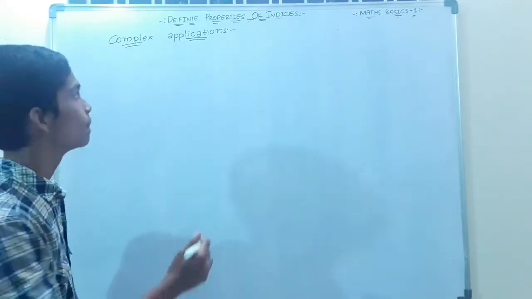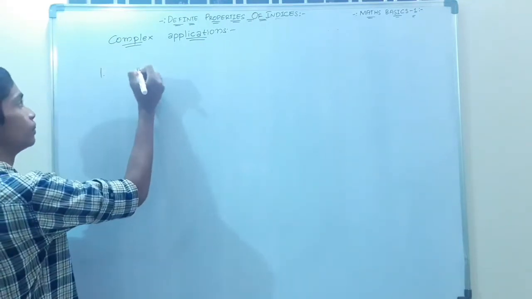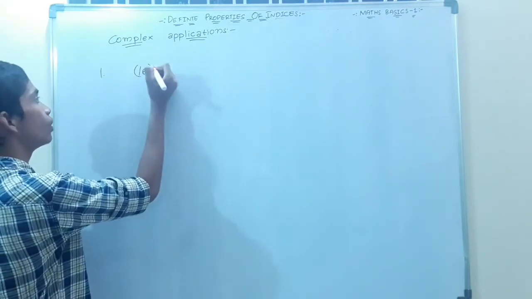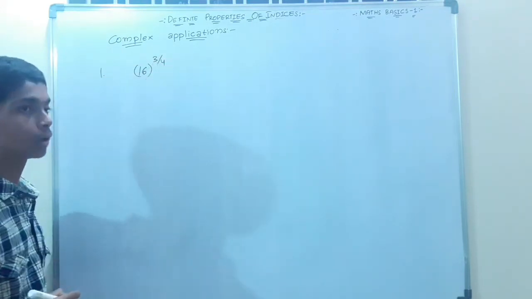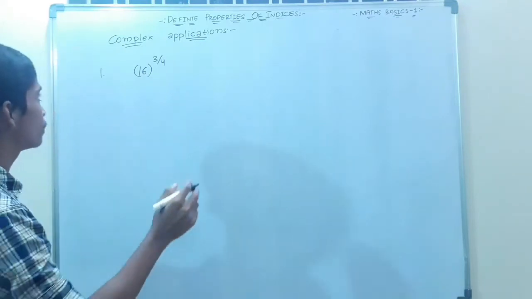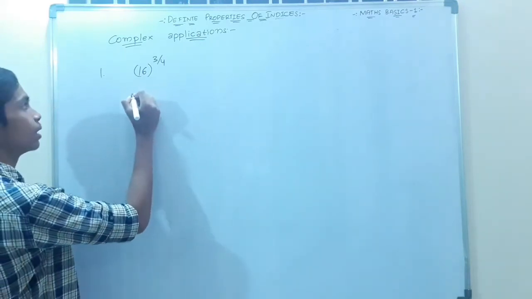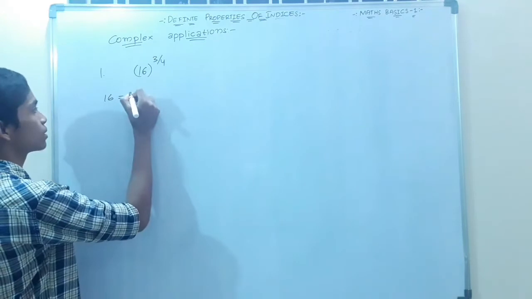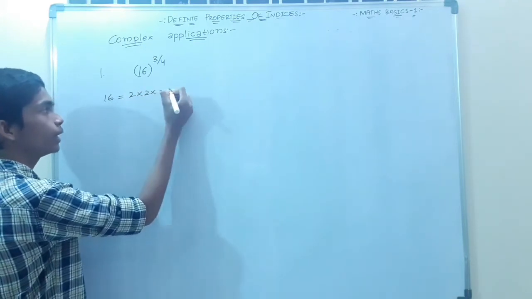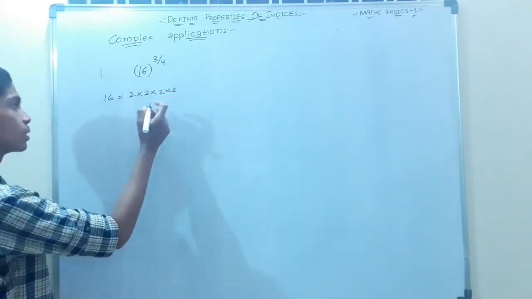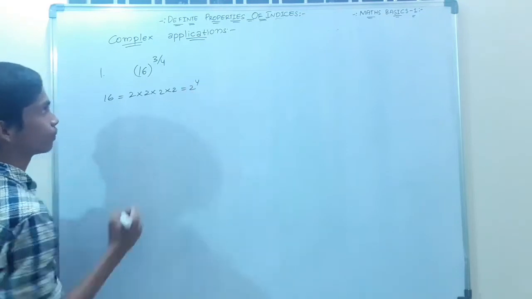Let's start. The first one is 16 to the power 3 by 4, and we are going to solve it very easily. 16 can be written as 2 into 2 into 2 into 2, that is 4 times, that is 2 power 4.